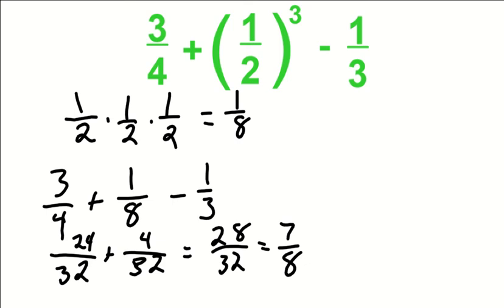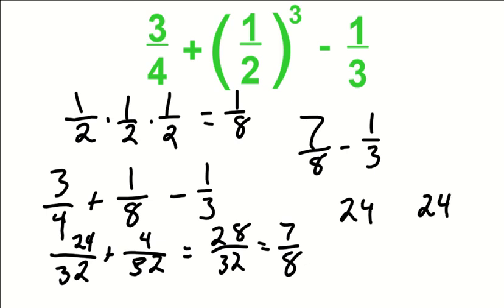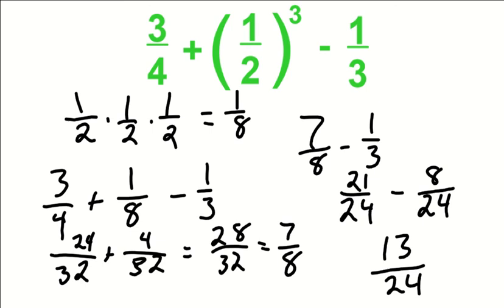Still got to do the subtracting, right? So we would have 7/8 minus 1/3. If we multiply our denominators, that'll make 24. And we cross multiply for the numerators. 21 minus 8. And denominator stays the same.